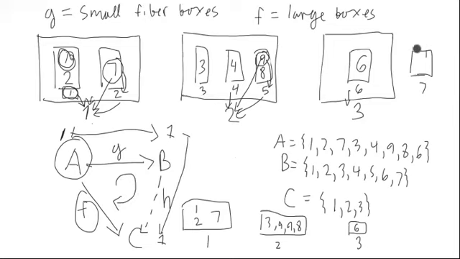Now, this lonely 7 doesn't really mean anything because there's nothing in A that corresponds to this point, so we're good.